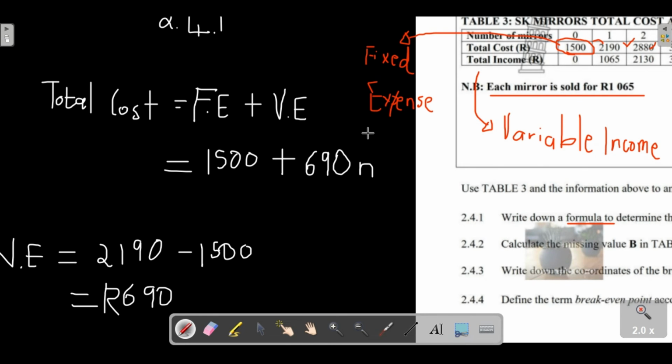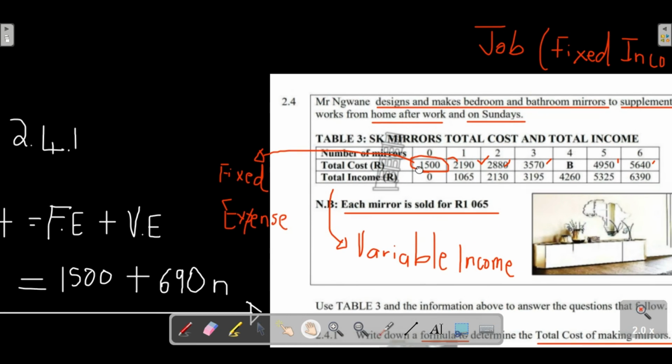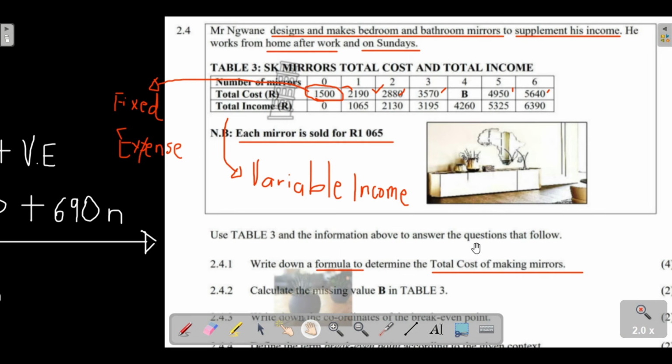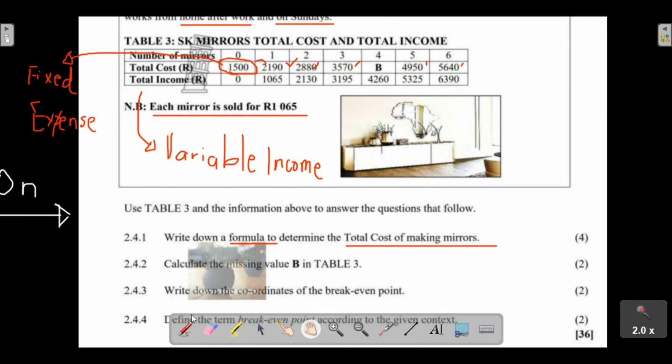So if he made 13 mirrors, then he will substitute 13 here, multiply it by 690, and then add that to the fixed cost, which is 1,500. So this is our formula, guys. Ensure that you subtract that fixed cost from the total cost in order to get the variable cost. Right, so let's head on to 2.4.2.